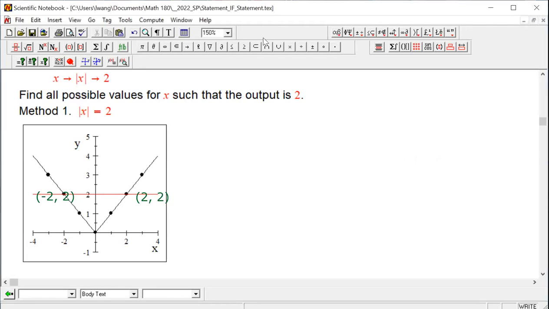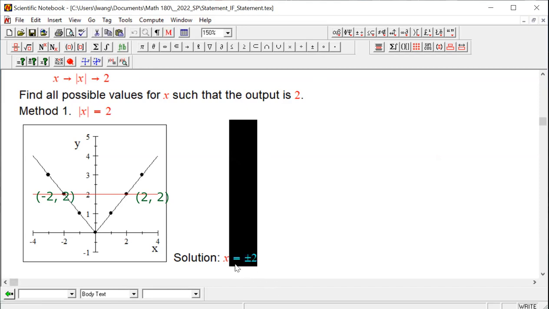So the solution then is X equals what? Plus or minus 2. When you see this, you read it as plus or minus 2, 2 or -2. That's how you read it.